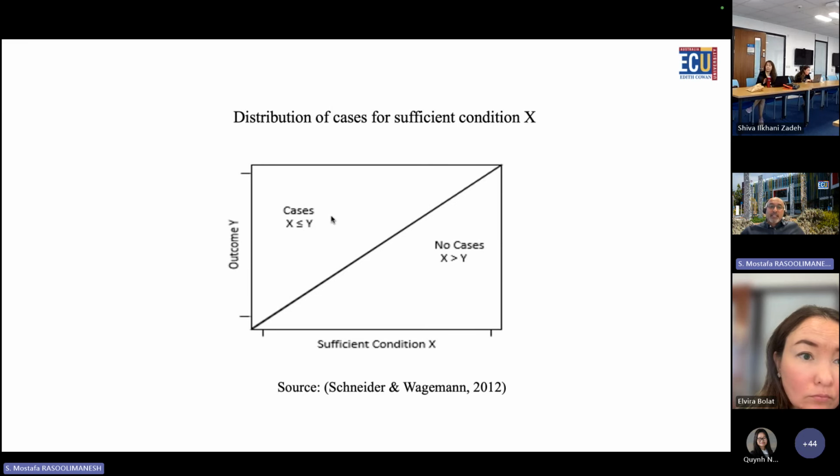But if some cases come under the diagonal, it means for some cases our condition or configuration X is higher than Y. If you refer to the formula of consistency, the value of consistency will be lower than 1. So this is another way to calculate consistency and also coverage.